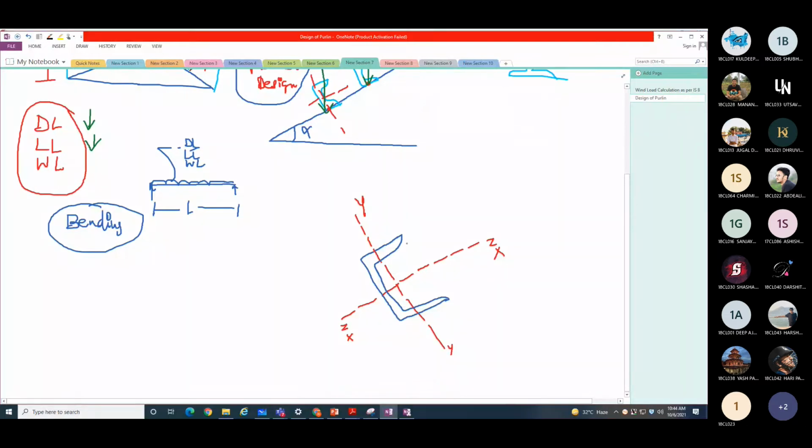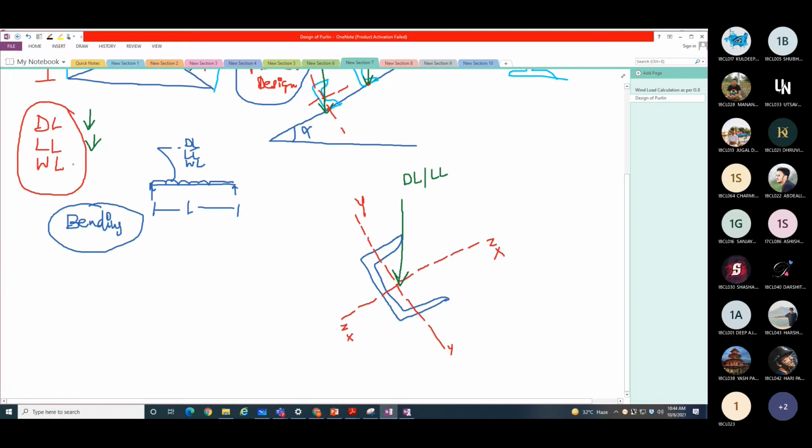So this is your dead load or live load. It acts at the CG of your purlin, because you are designing the purlin. Whatever load is acting on the purlin should pass through the CG of the section, so this is the downward force.